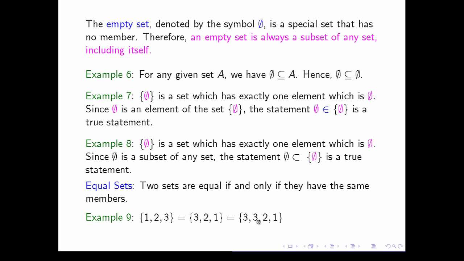Remember that in set notation, even if a member is relisted, it's still considered one single member. So the set 3, 3, 2, 1 is considered the same as the set 3, 2, 1, as well as the set 1, 2, and 3. Again, two sets are equal if they have the same members.